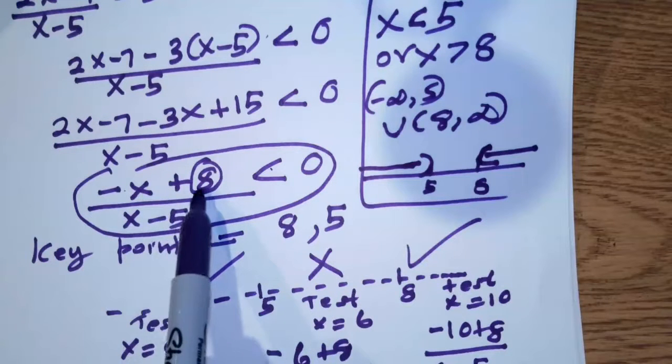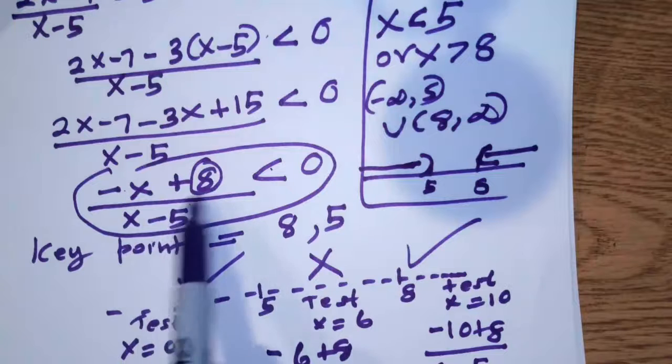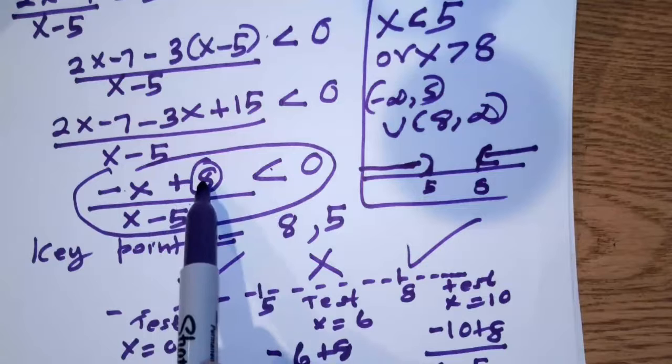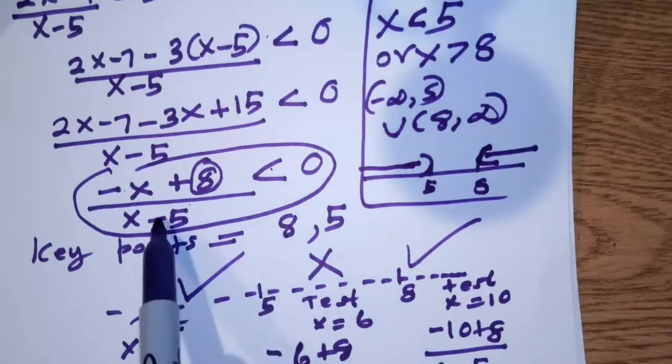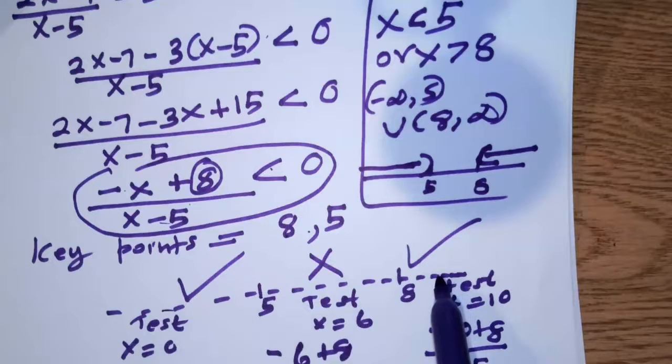Make sure that you get the roots, not really real roots, but as far as the inequality is concerned, those are the key points. So here you get 2 key points, 8 and 5, and then you just break up the real line into those regions, and you take test values and test, and you get the correct region. That's what you do. Okay, that's how you solve a rational inequality.